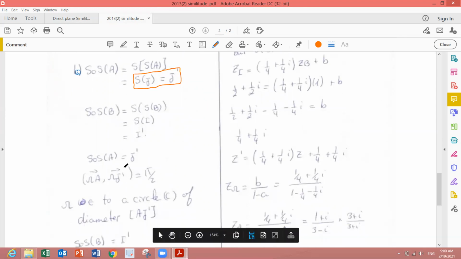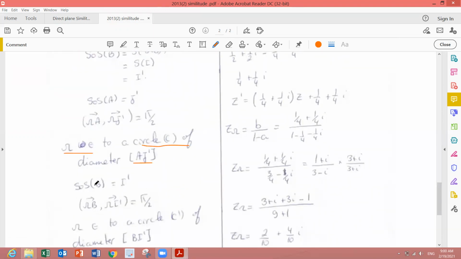So S round S of A equals J prime. It means that omega A, omega J prime equals pi over 2, meaning omega belongs to a circle C of diameter AJ prime.